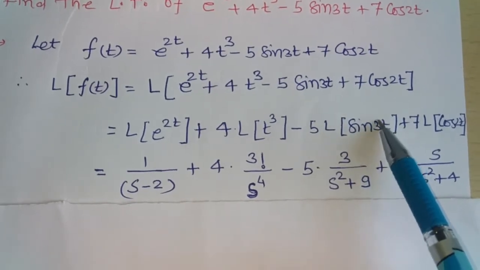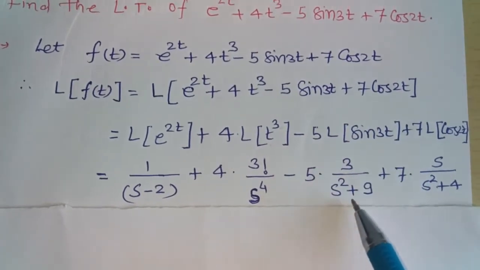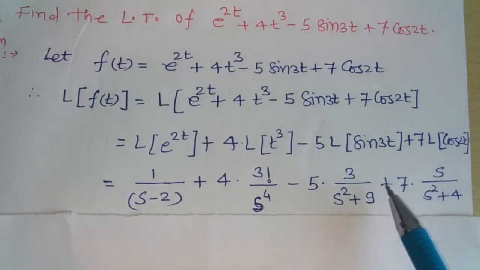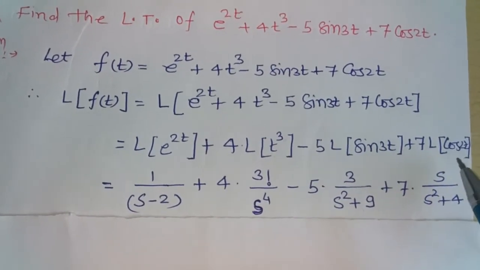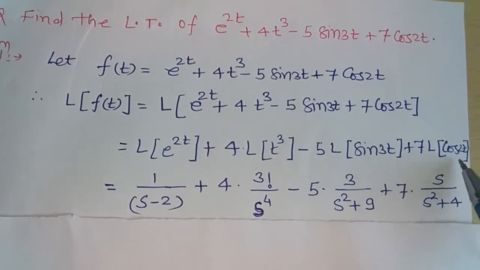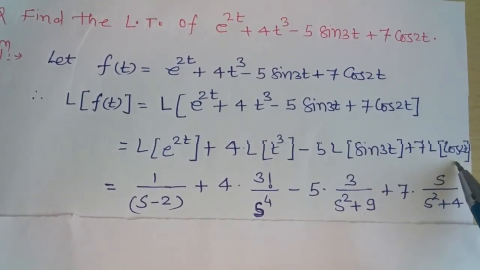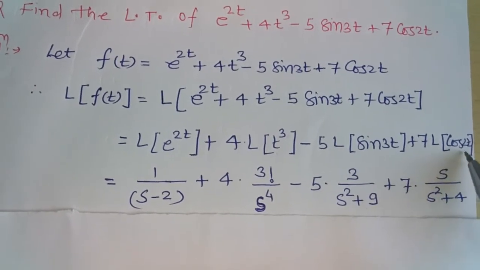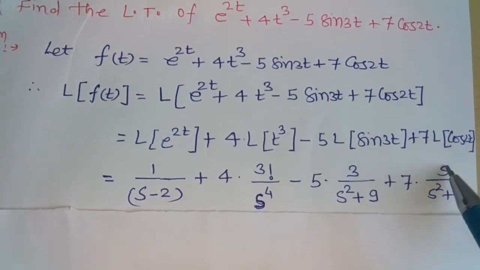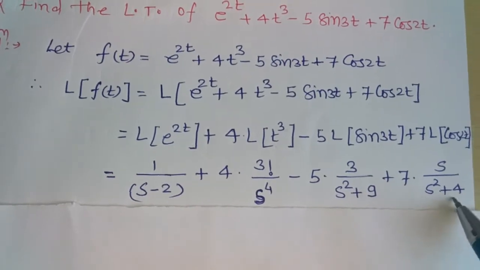So here a is 3, so we get 3 upon s square plus 9, plus 7 into Laplace transform of cos 2t. Laplace transform of cos at is s upon s square plus a square, and here a is 2. So we get Laplace transform of cos 2t is s upon s square plus 4.